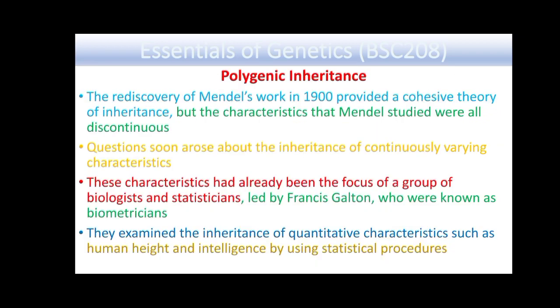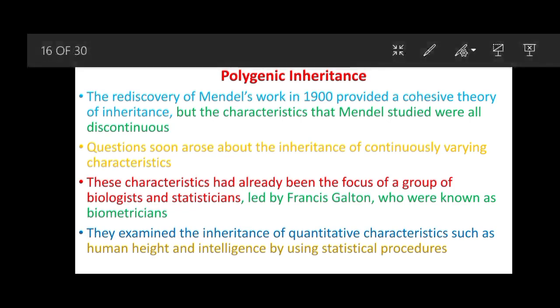So now coming towards polygenic inheritance. We know that there was a rediscovery of Mendel's work in 1900. It provided a cohesive theory of inheritance, but the characteristics that Mendel studied were only discontinuous traits. So questions soon arose about the inheritance of continuously varying traits.